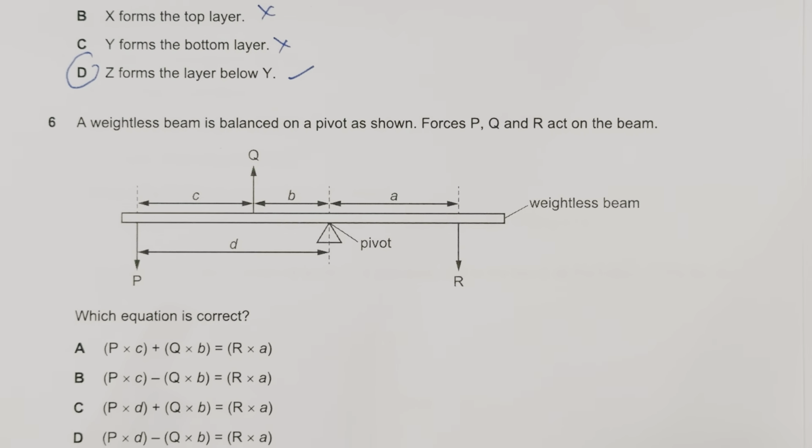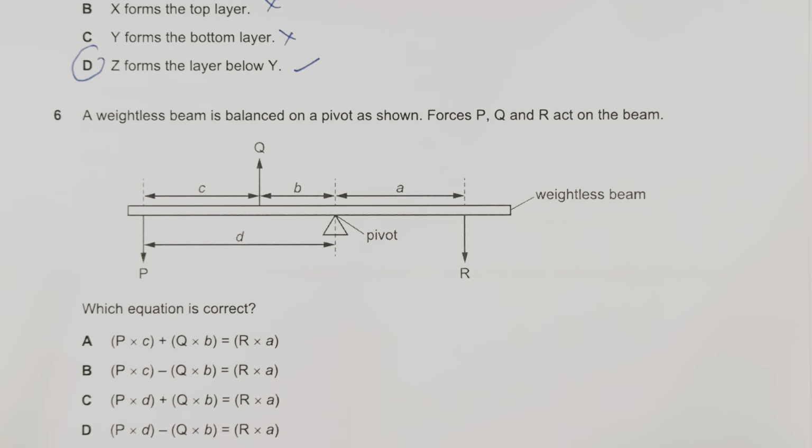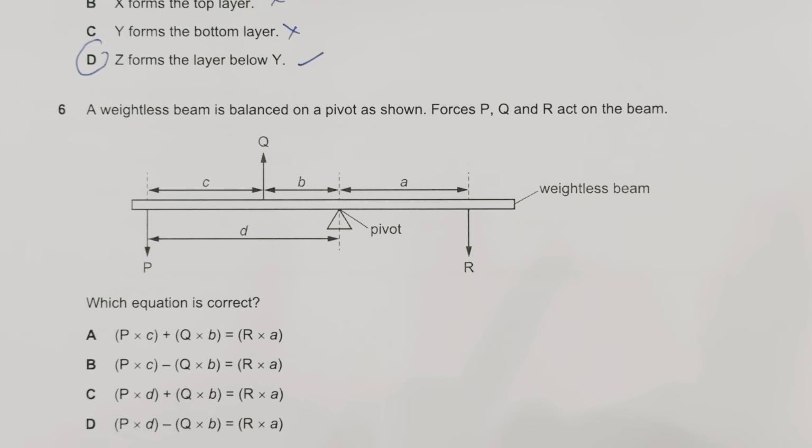A weightless beam is balanced on a pivot as shown in the figure. Forces P, Q and R act on the beam. Which equation is correct?